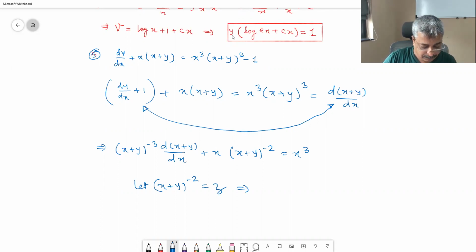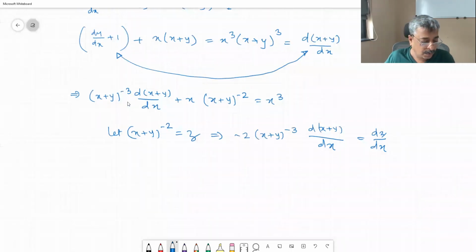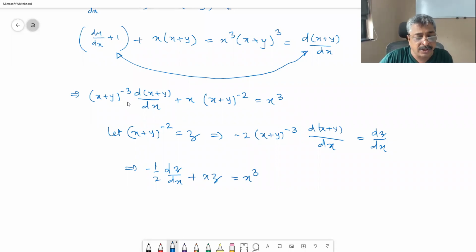You get minus 2 (x plus y) raised to minus 3 d(x plus y) upon dx is equal to dz upon dx, and therefore minus half dz by dx plus xz is equal to x cube. This is your standard first order linear differential equation.